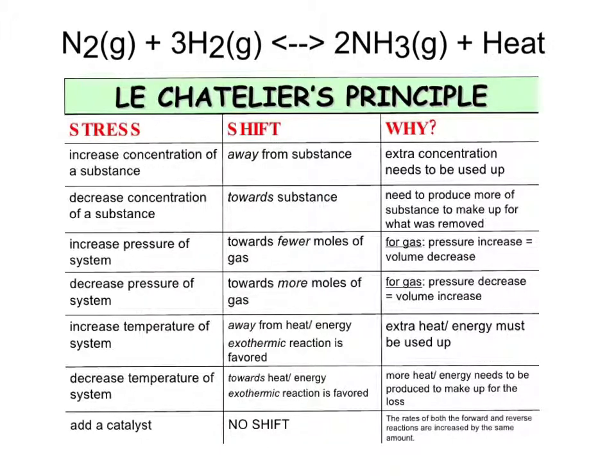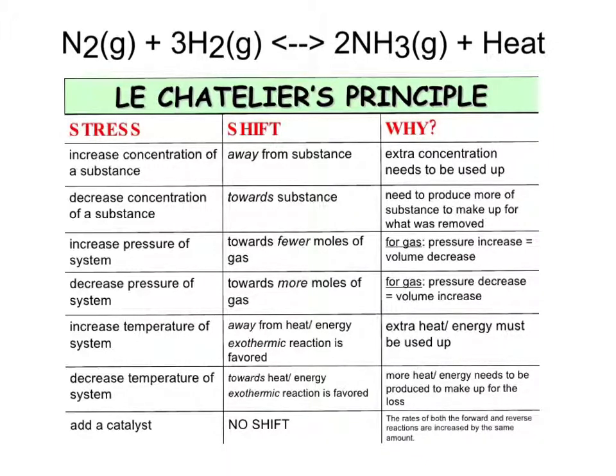If you have a heat term and you add temperature, you're going to shift away from where you're adding the heat. So if it's an exothermic reaction, we're generating heat, so therefore it's in the products. If we increase the temperature, we're going to shift back towards the reactants.